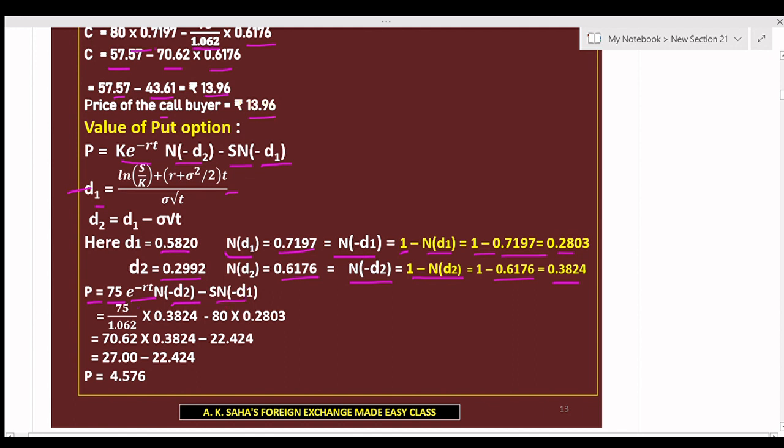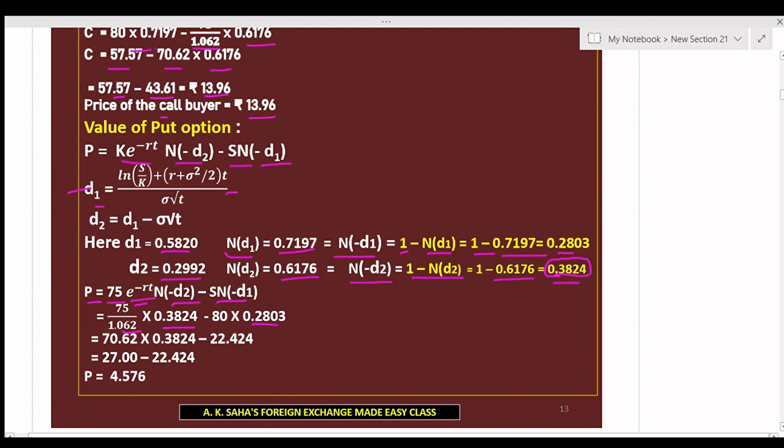Now 75 is the strike price, divided by 1.062, into 0.3824. You see, N(-D2), the value is 0.3824, and minus 80 into N(-D1), the value of N(-D1) is 0.2803.